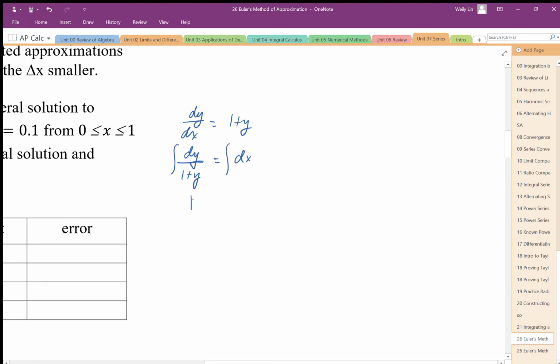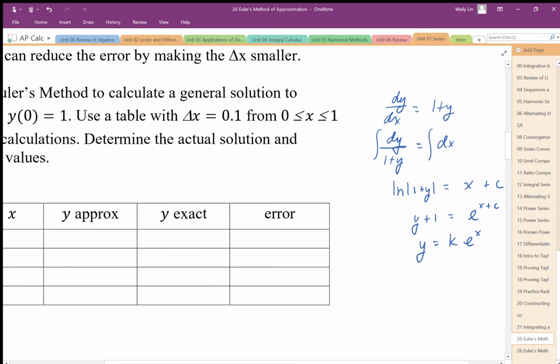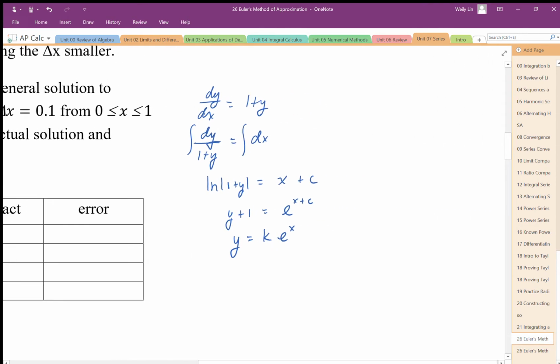So we end up with log of 1 plus y is equal to x plus c, and we get y plus 1 equals e to the x plus c. We know that e to the c is going to be a k value, so k e to the x. We'll plug in to solve for k, so we know that x is 0, y is 1, so 1 equals k e to the 0, so k is equal to 1.